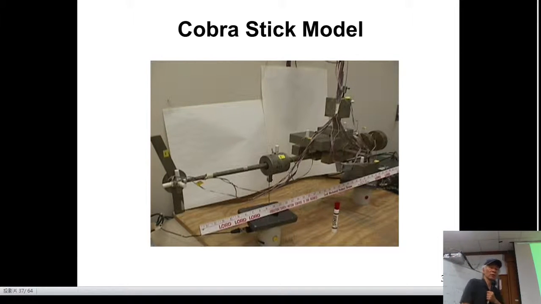That's what we call the Cobra stick model, and we use predictive control, we call GPC, to control the Cobra unstable model. In matter of fact, in many cases Cobras are unstable.